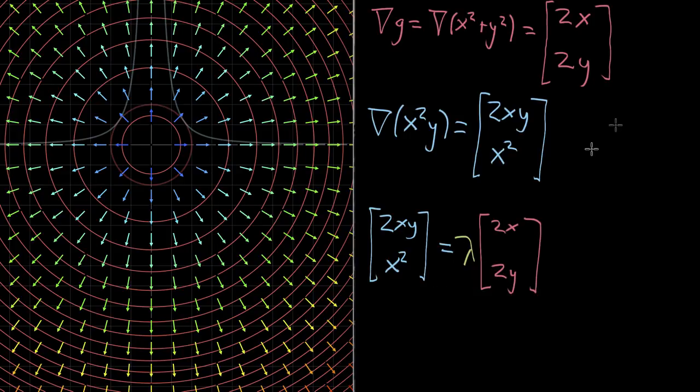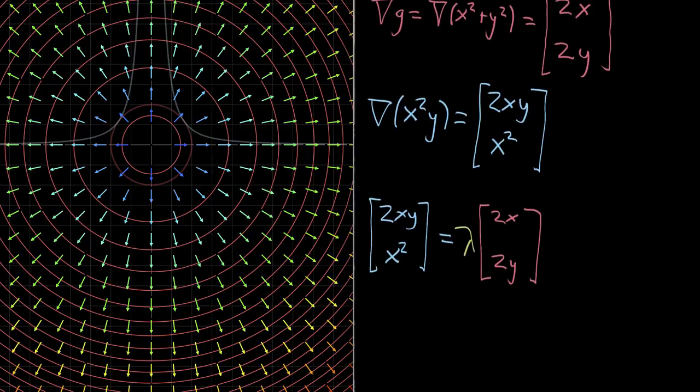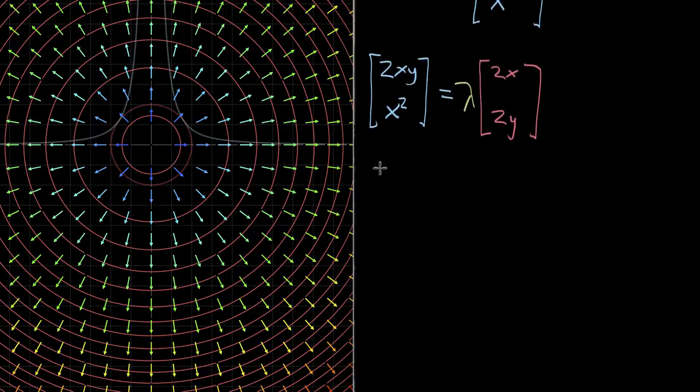And you can think about this as two separate equations. Right now it's one equation with vectors, but really you've got two separate equations. 2 times xy is equal to lambda times 2x. I'm going to be a stickler for color: keep red all of the things associated with g. And then the second equation is that x squared is equal to lambda times 2y.